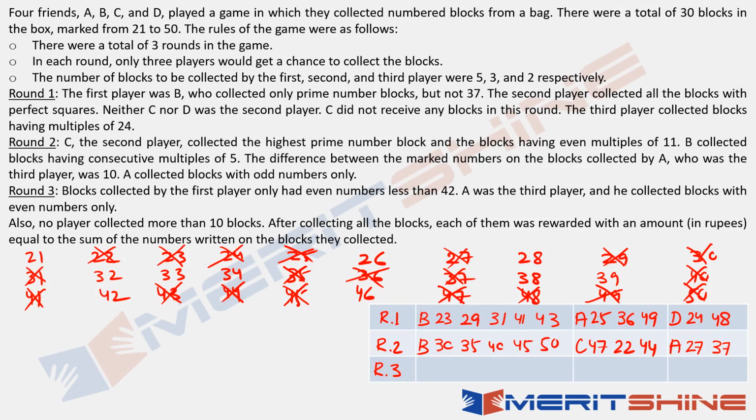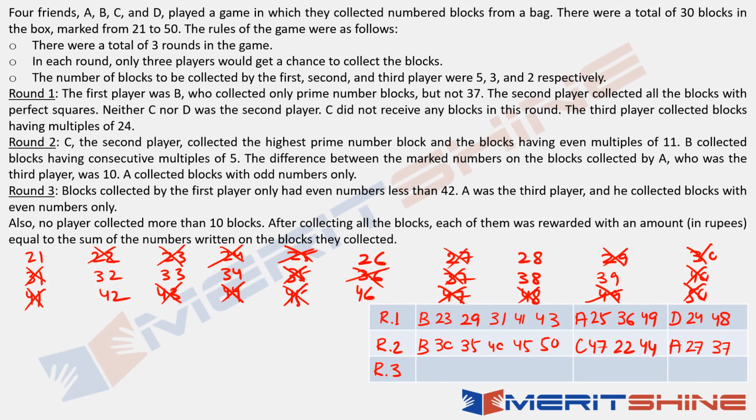What's left now? Round 3. Blocks collected by the first player only had even numbers less than 42. So there are very limited even numbers less than 42 left: 26, 28, 32, 34 and 38. In fact, there are precisely 5 left.